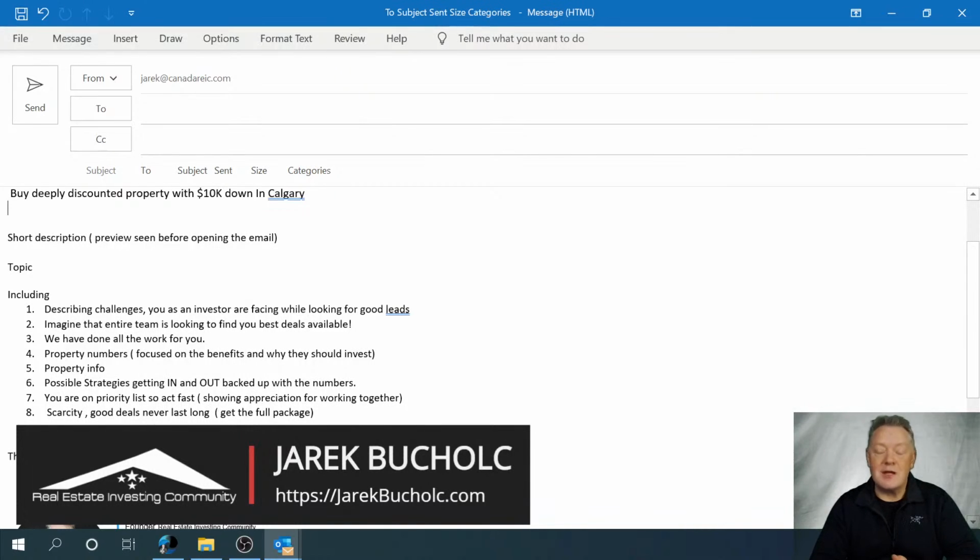Possible strategies and exit strategies. So if it's undervalued, how much money can be made, and if there are other strategies to be utilized. I truly believe that if you, as an investor, provide to the potential investor who acquires that property, okay, this is strategy number 1, straight sale. This is strategy number 2, for example, much more creative: agreement for sale, rent to own, acquiring creatively, joint venturing.